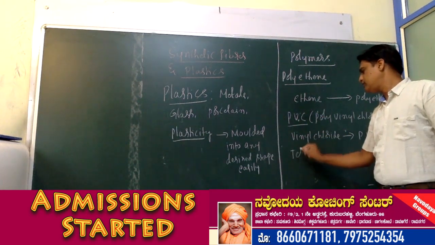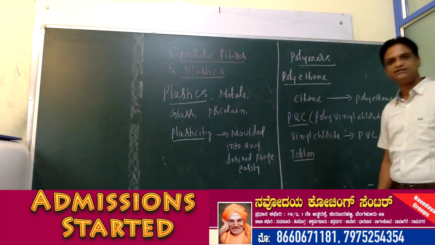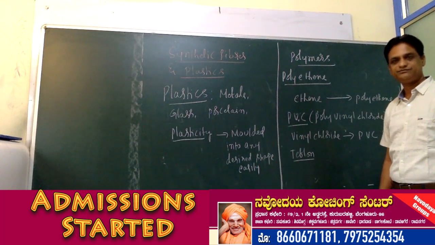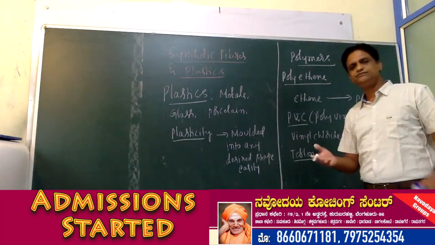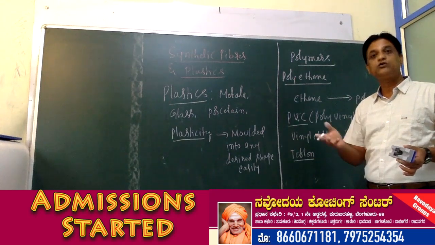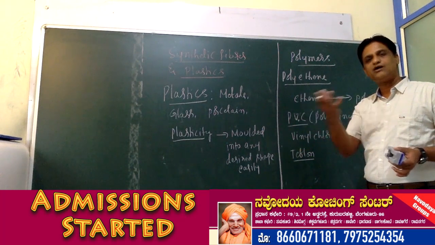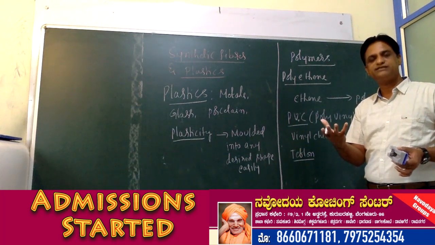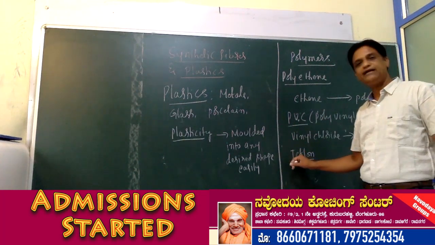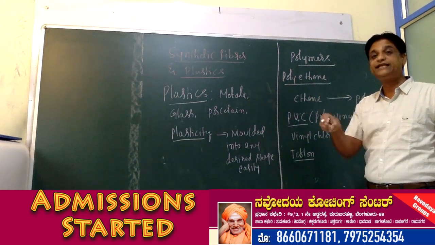Similarly, one more important example of plastic is Teflon. I think you might have heard about non-stick cookware, dosa tawa or cooking utensils which contain Teflon coating. So food items will not stick.